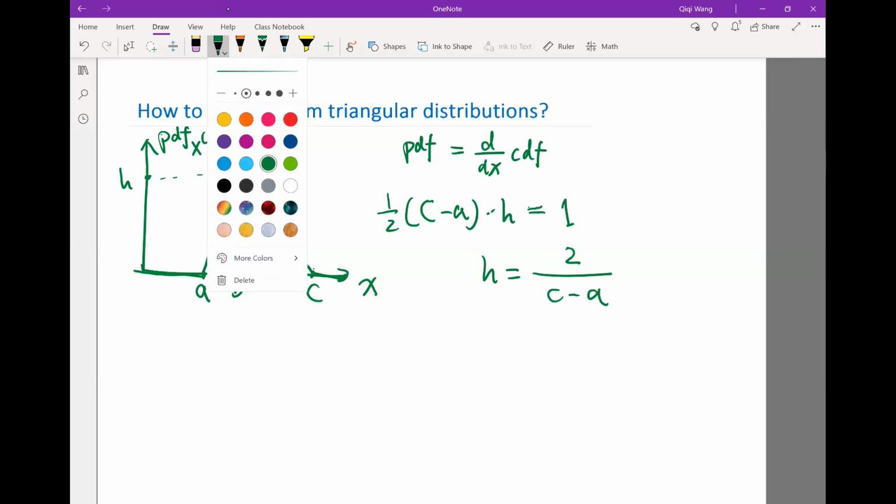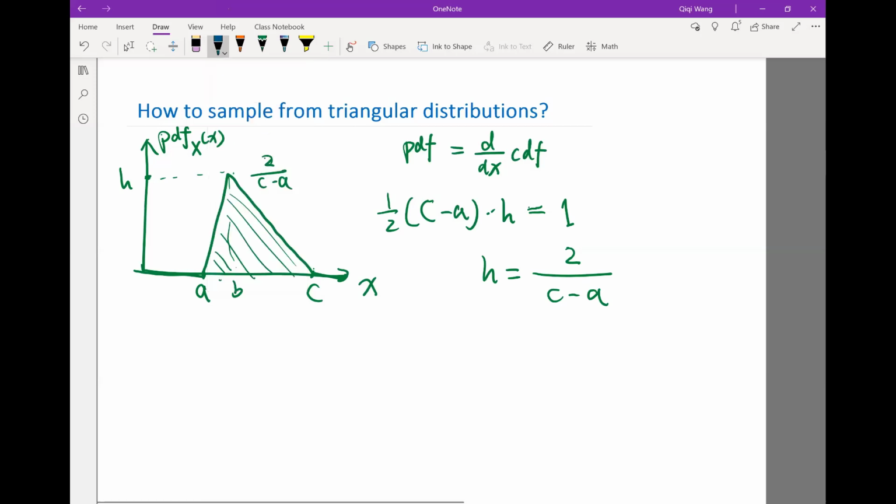And to this end, I want to introduce the acceptance-rejection method.